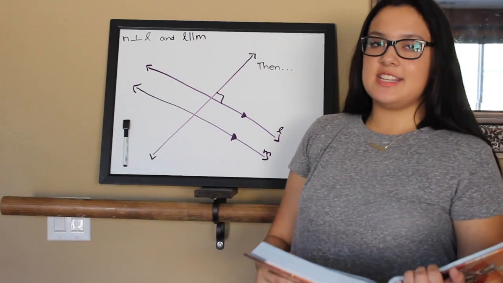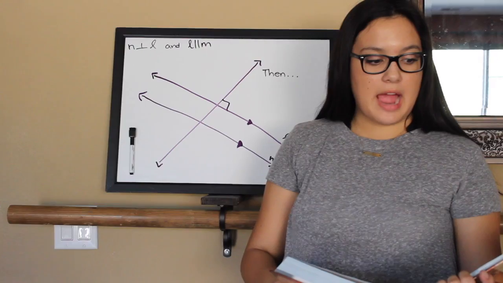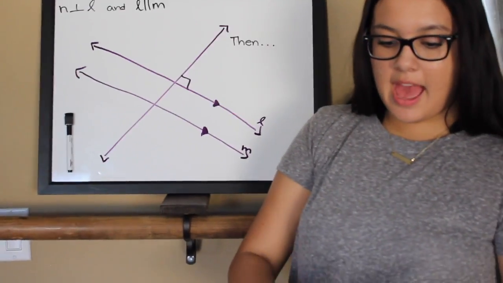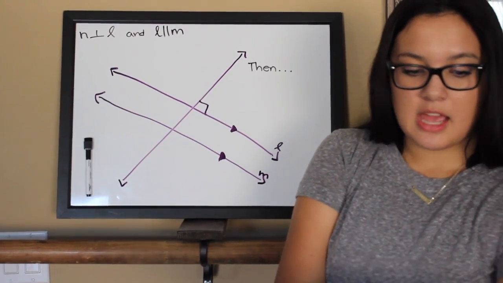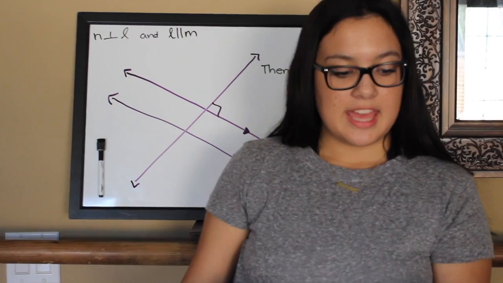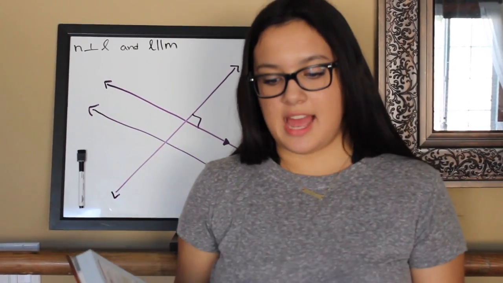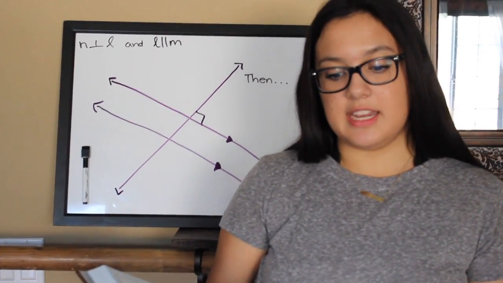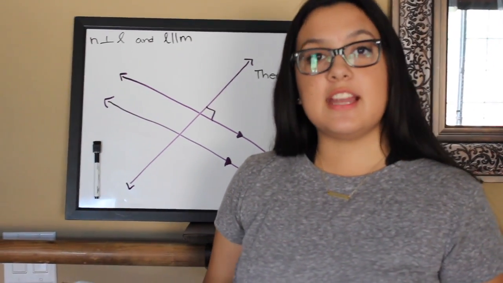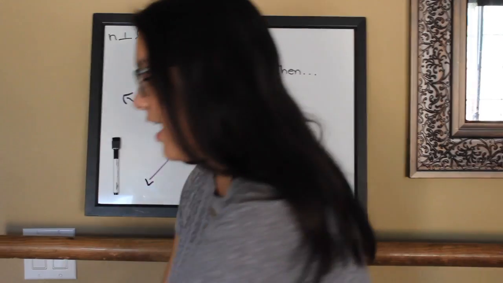The next section is section 3-4, and we are going to learn about parallel and perpendicular lines. And one theorem is the perpendicular transversal theorem. And this theorem means that in a plane, if a line is perpendicular to one of 2 parallel lines, then it is also perpendicular to the other.